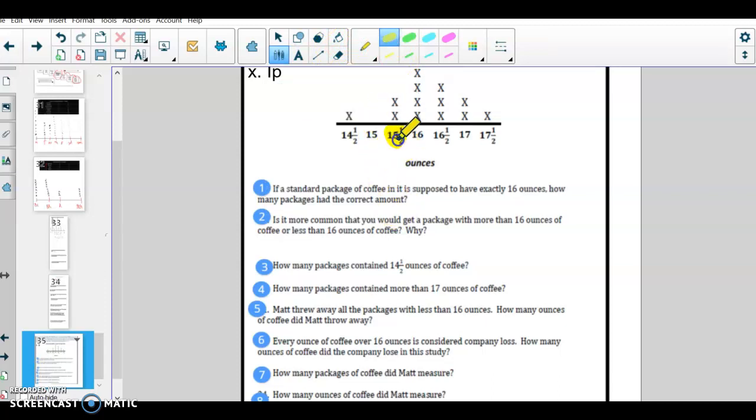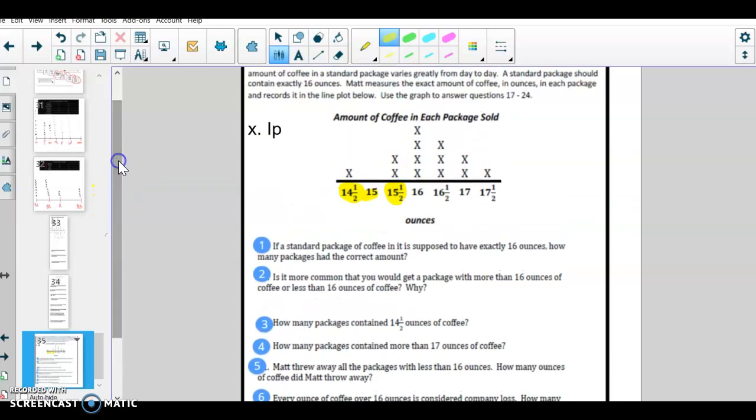Let's see, 15.5 is less, 15 is less, and 14.5 is less. Well, remember, the X's represent packages. They don't represent ounces.